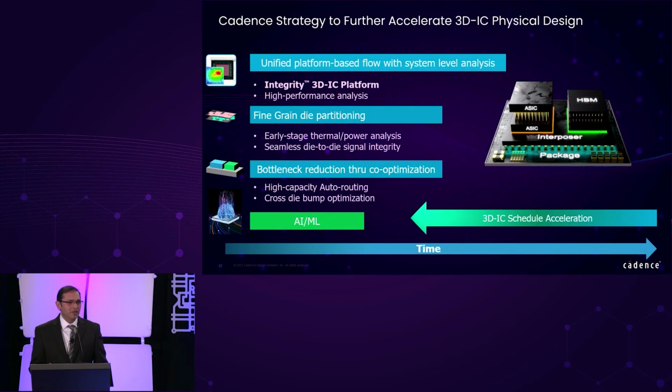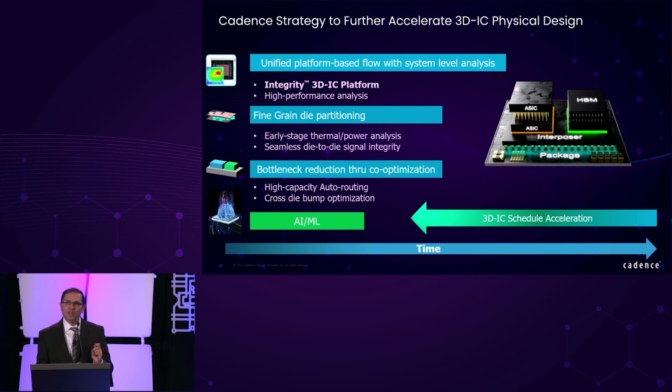Just wrapping up my talk: when you're building a structure, you have to have a big, strong foundation. That is our unified platform with system-level analysis. It enables early analysis earlier in the flow to build robust 3D structures in a HI configuration.